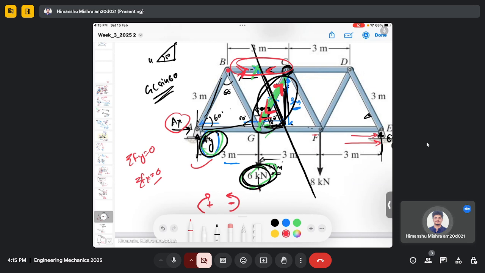So it's all based on the method you choose to calculate the force in the unknown members. Any doubt in this one? If not, then we can move to the next question.